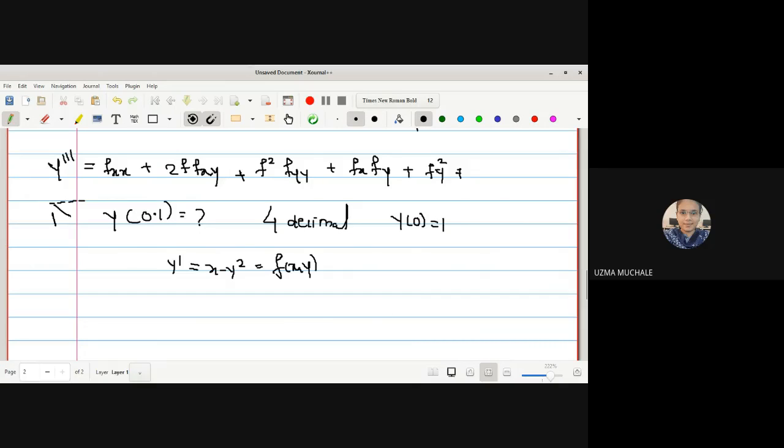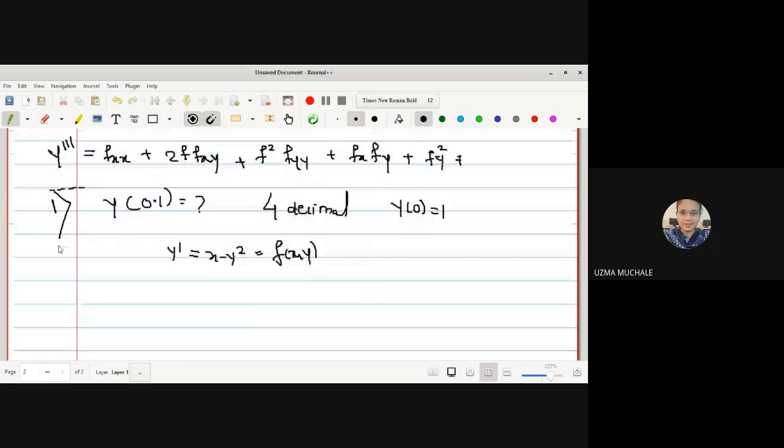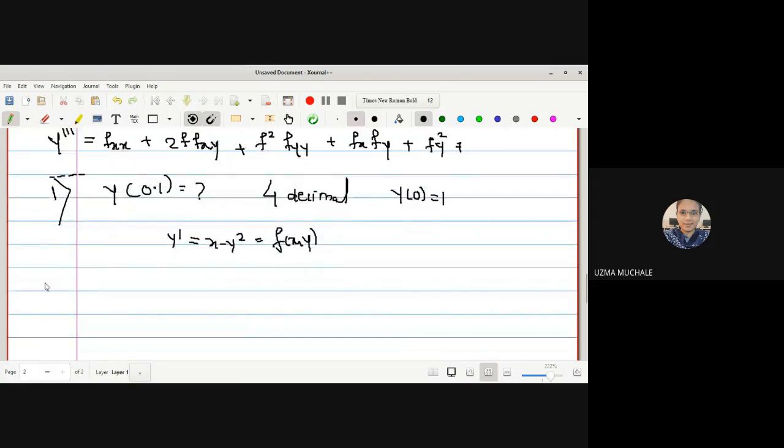This is the first example we will solve. What we have to do now is expand the Taylor series in terms of x naught. What is your x naught? From this I can write the value of x naught is 0 and y naught is 1. You have to write the thing by expanding y of x in terms of a Taylor series at x equal to x naught.